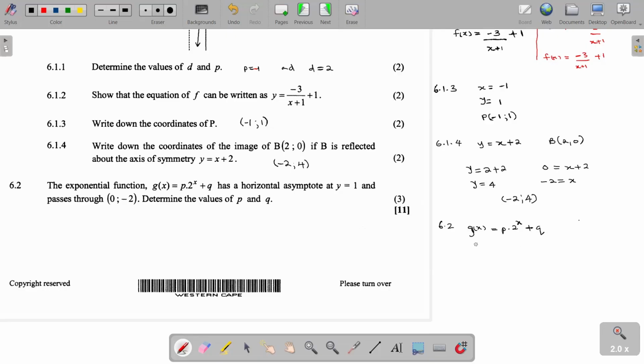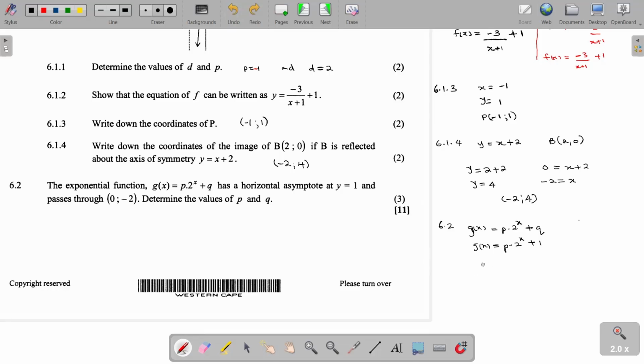So it means this g(x) can be written as g(x) equal to p times 2 to the power x plus 1 and passes through that point. So you substitute this point in the equation where there is y, we are going to put our -2, and this is where this g(x) is our y.